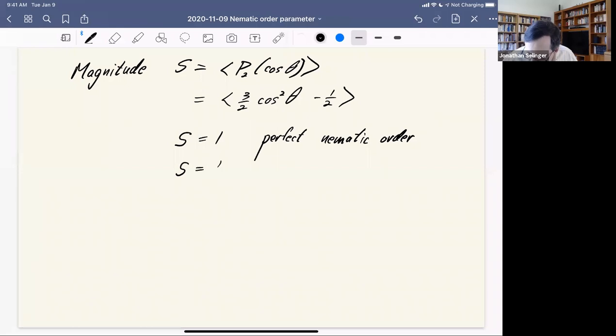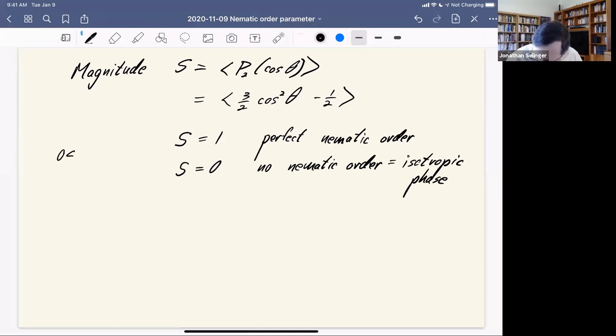We have S equals 0 for the case of no nematic order, that is, in the isotropic phase. In between, for S between 0 and 1, that is some partial nematic order, and that's the normal situation in any experiment done at non-zero temperature, not 0 Kelvin.